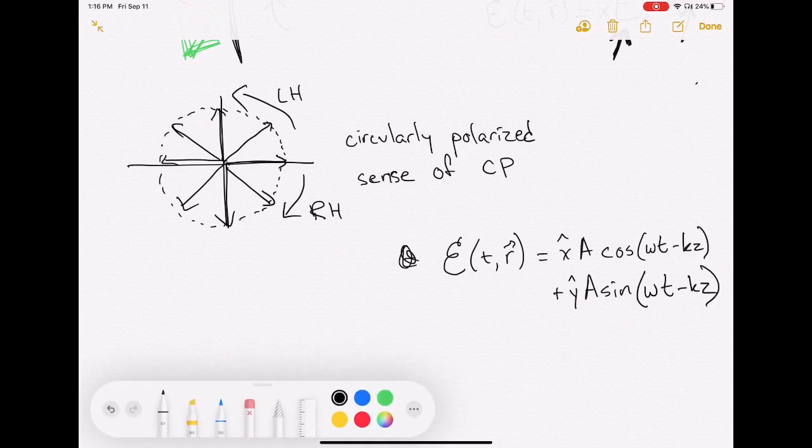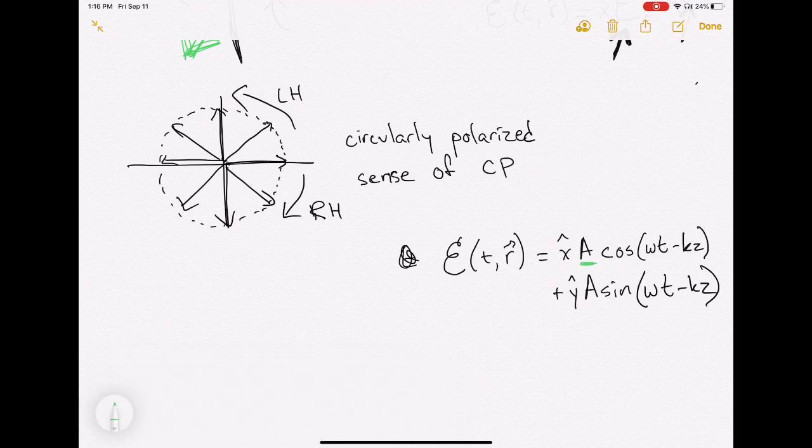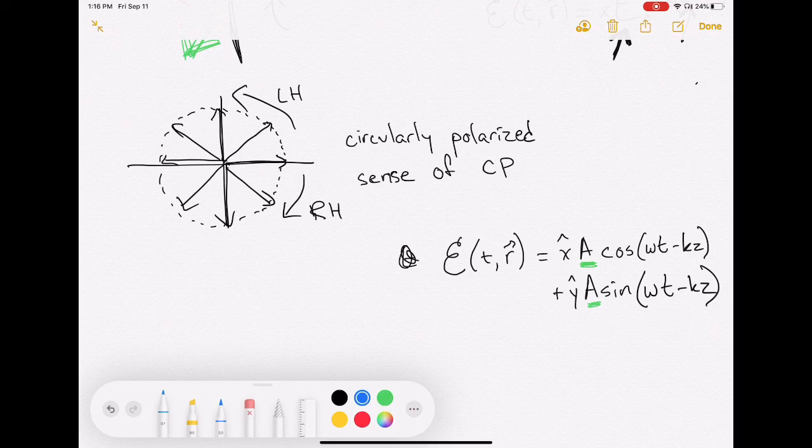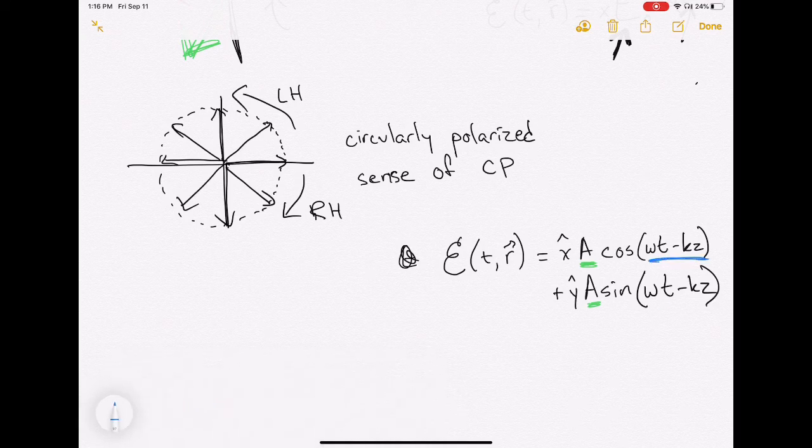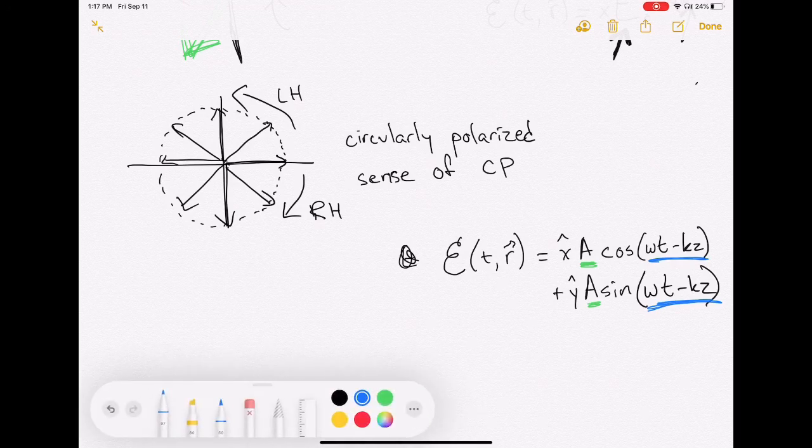It's important to note here that the amplitudes of these two vector components are the same, and all their propagation information is also the same. They're at the same frequency, and they're going in the same direction.